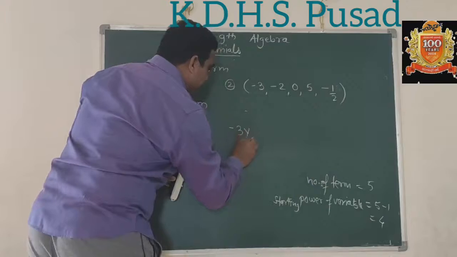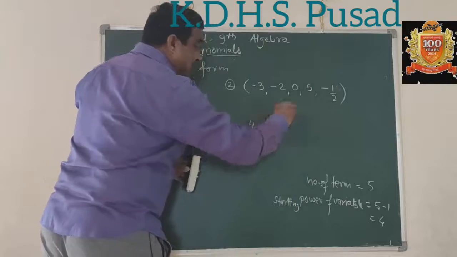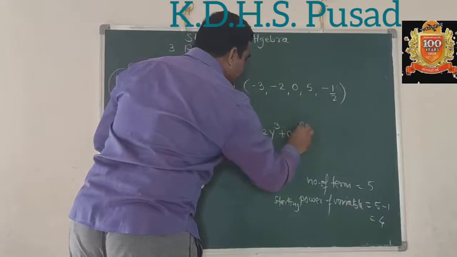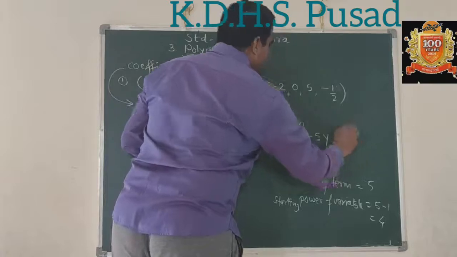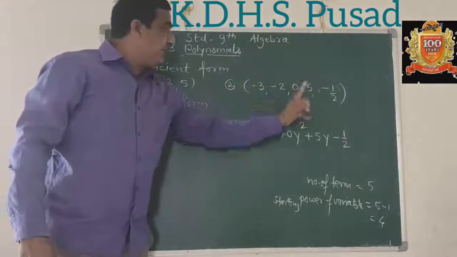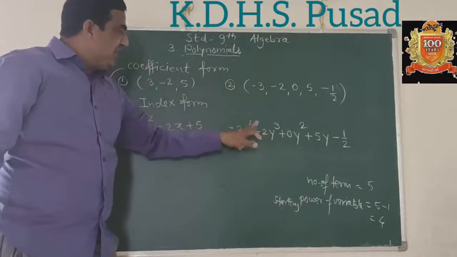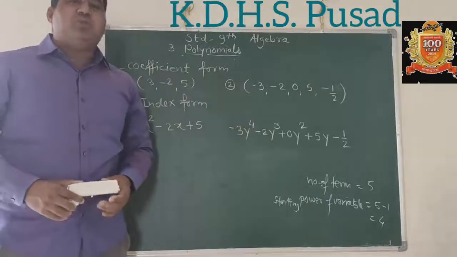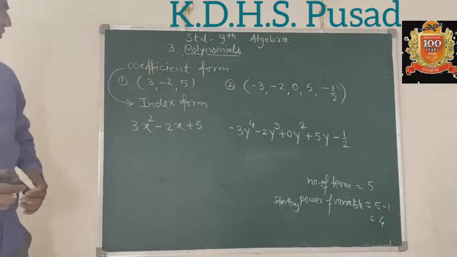So minus 3y to the power 4. Then the next coefficient minus 2 and now add the powers in descending order. Y cube, then plus 0y square plus 5y, and the last term, that is a constant term. In this way: count the number of terms, subtract 1, that gives the starting power of the variable, and then write this coefficient and then write the powers in descending order with that coefficient. In this way, you can write coefficient form into index form and index form into coefficient form.